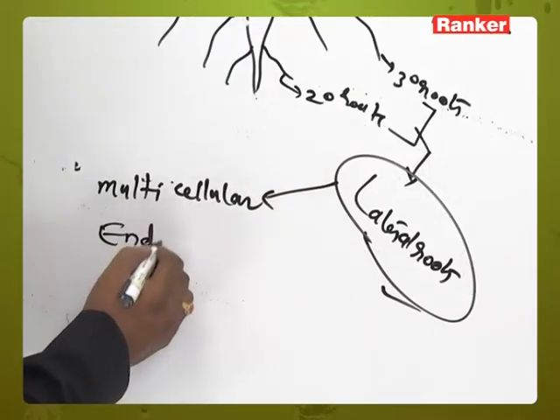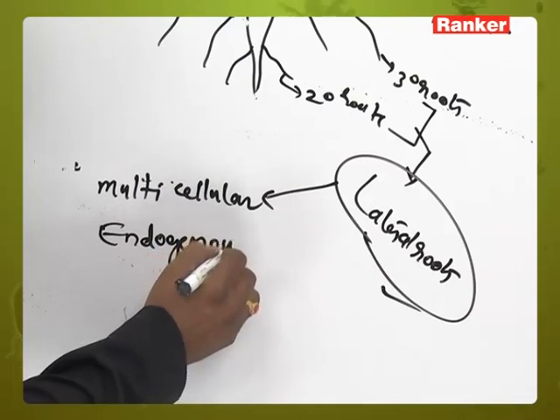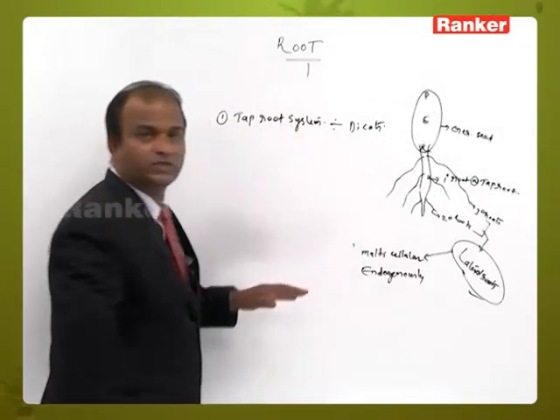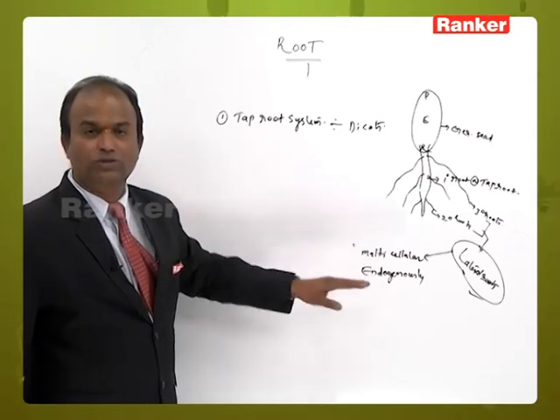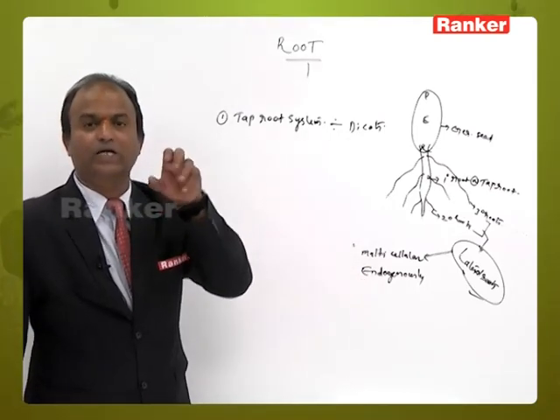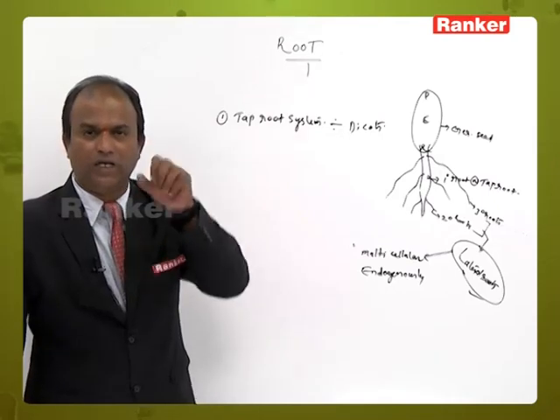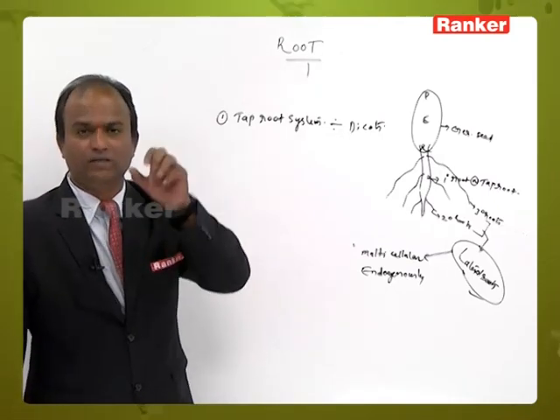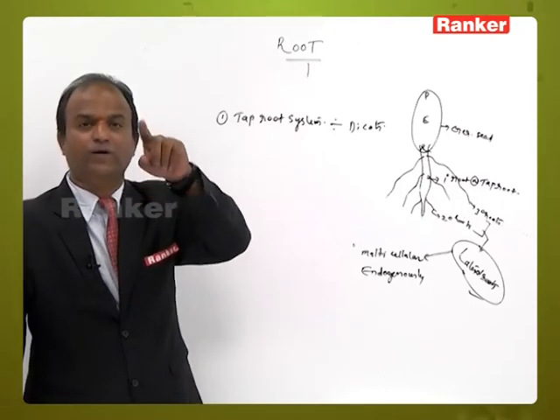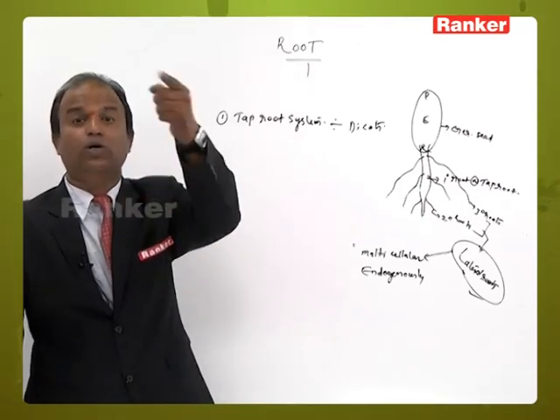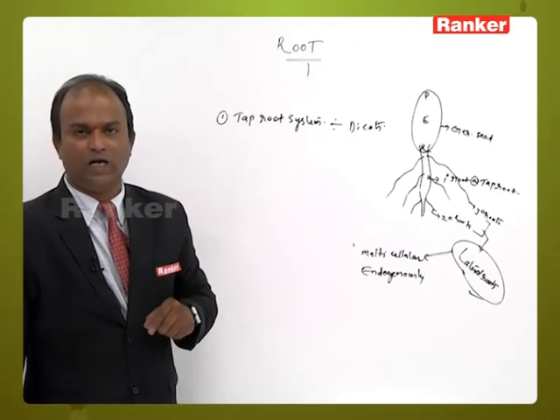Why is it called endogenous? Because the roots originate from the inner side of the root, from the cells of the pericycle opposite to the protoxylem.